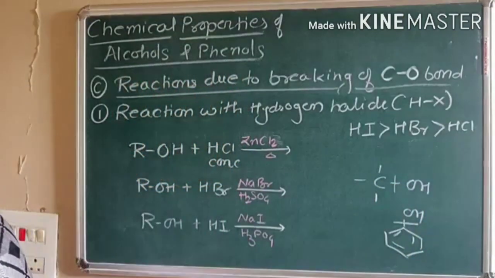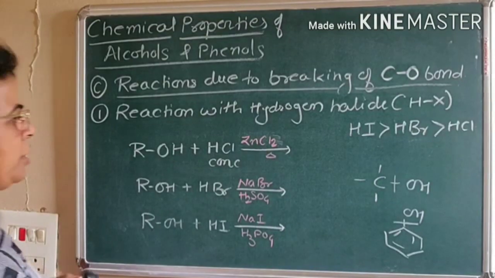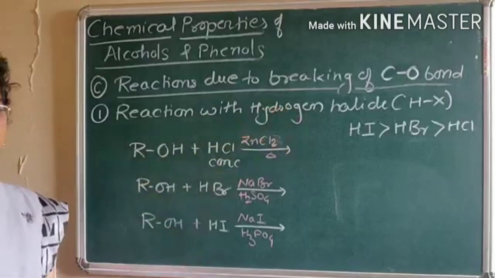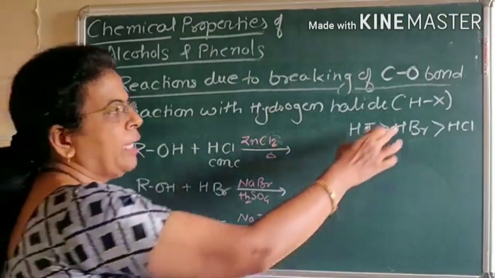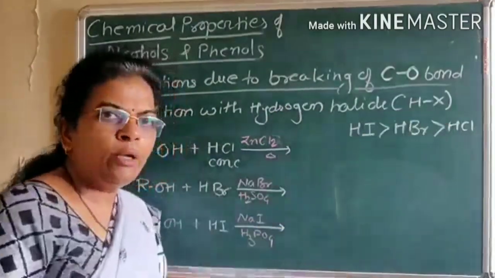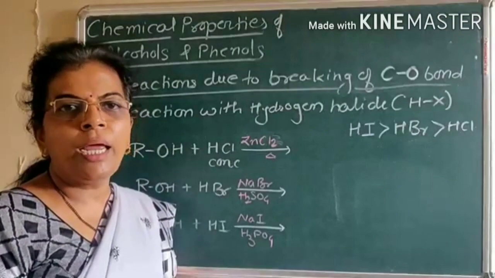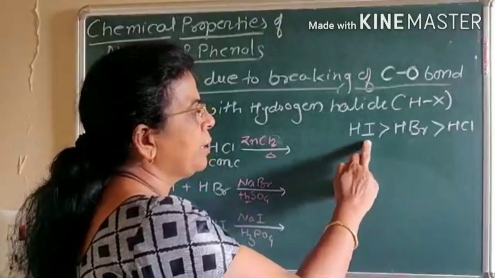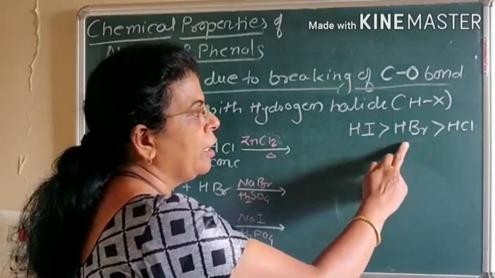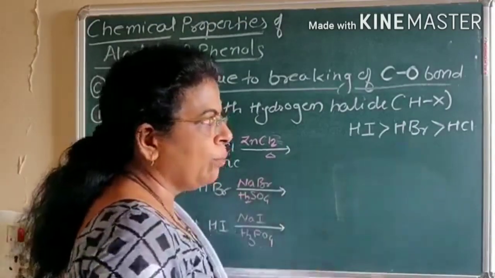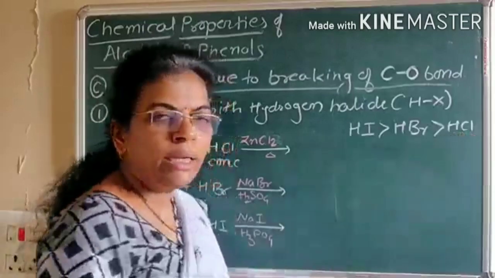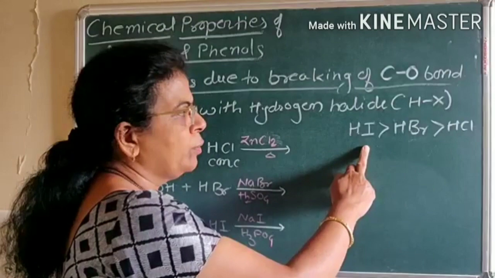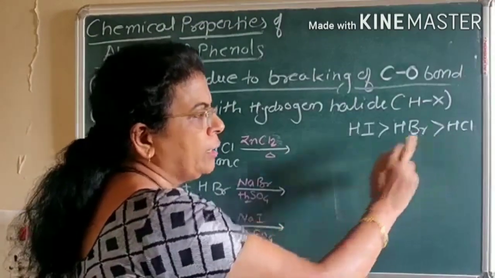The first reaction we are going to see is the reaction with hydrogen halide. Hydrogen halide means HX, where X is any halogen atom, either chlorine, bromine or iodine. Now this HX is nothing but HI, that is hydrogen iodide, or HBr, that is hydrogen bromide, or HCl, that is hydrogen chloride. HI is more reactive than HBr and then HCl.